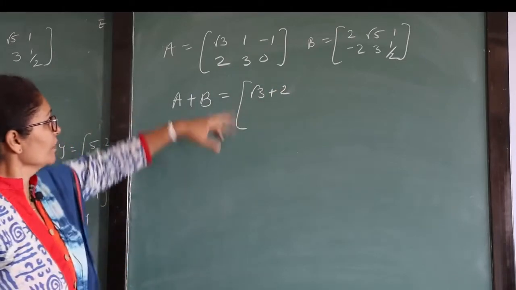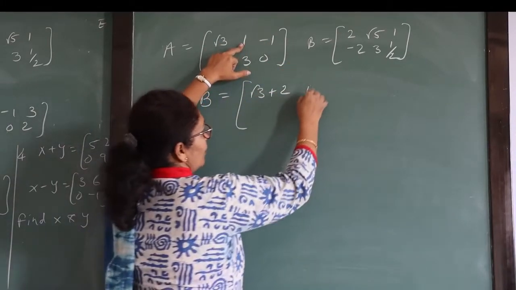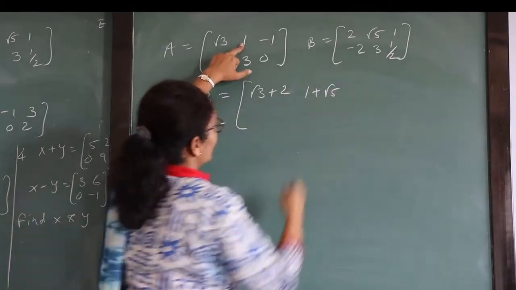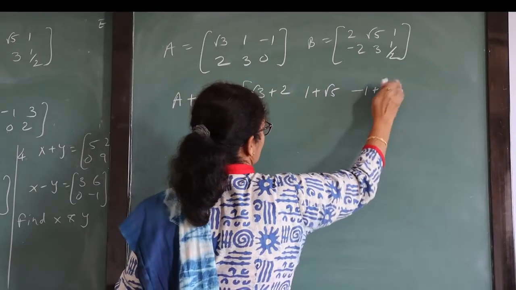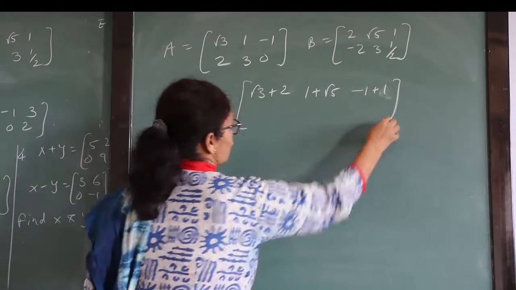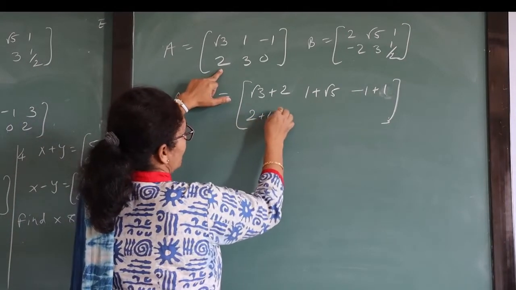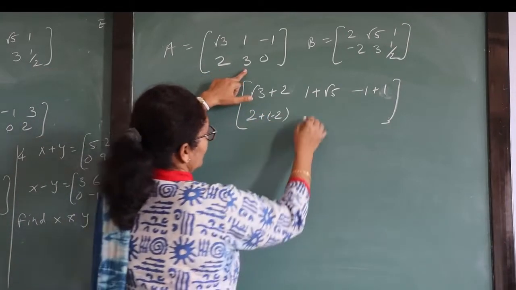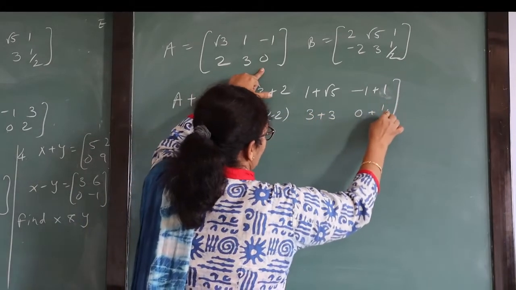Okay, A plus B means root 3 plus 2. Now second is 1 plus root 5. Third one will be minus 1 plus 1. Addition of the first row is completed. Now second row: 2 plus minus 2, then 3 plus 3, and last is 0 plus half.